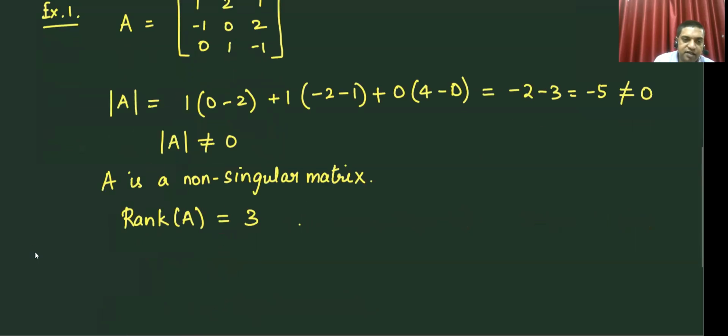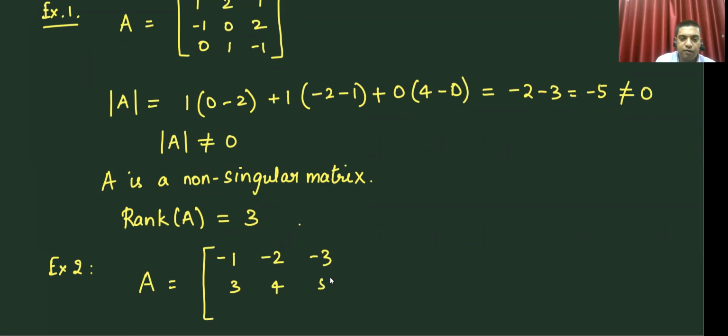Now let us take another example. 3 examples we'll take. A is minus 1, minus 2, minus 3; 3, 4, 5; 4, 5, 6.